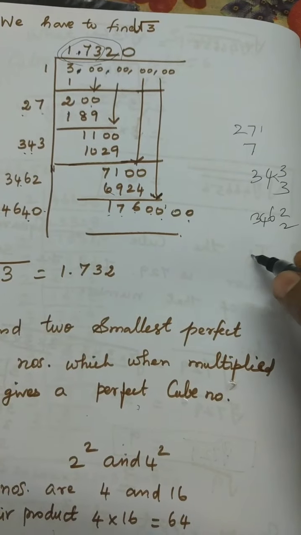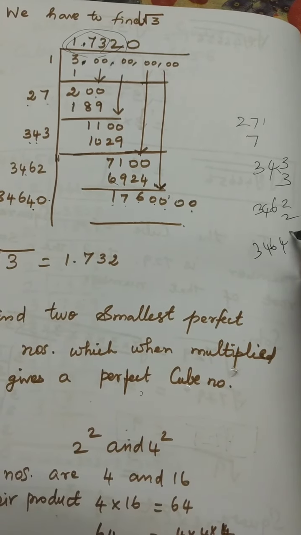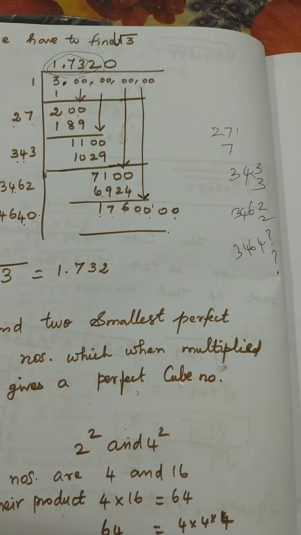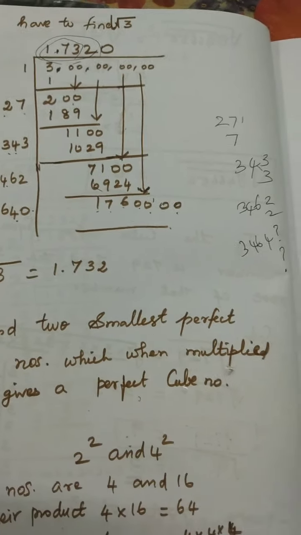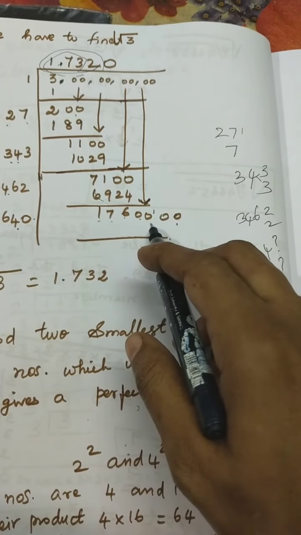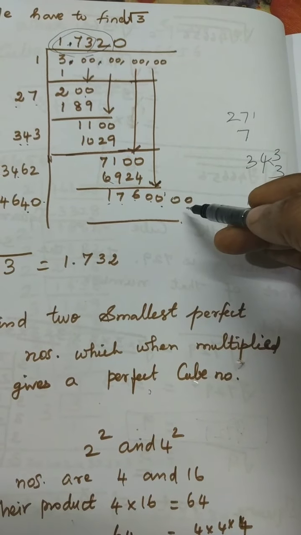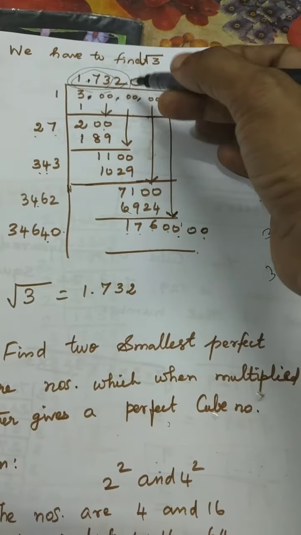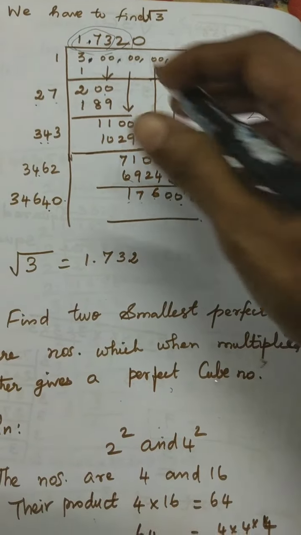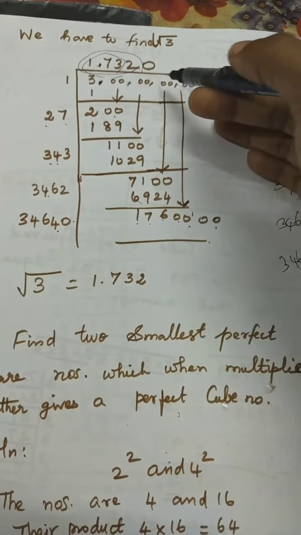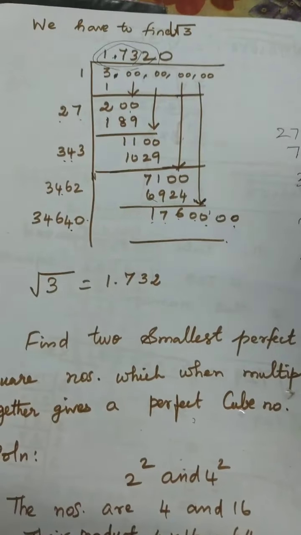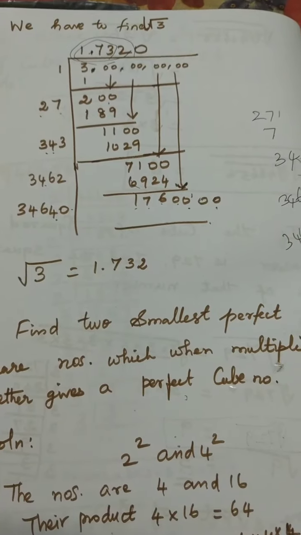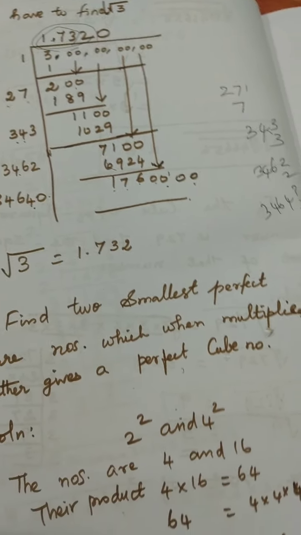If you add 1 or 2 with 3464, then it will come as 34,641, 34,642, like that. But what we have here is 17,600. So again you have to add 2 zeros, then only it will be comfortable. So you are adding 1 zero and again taking 2 zeros, then it is enough. So root 3 is equal to 1.732. 1.732 is the answer for root 3.